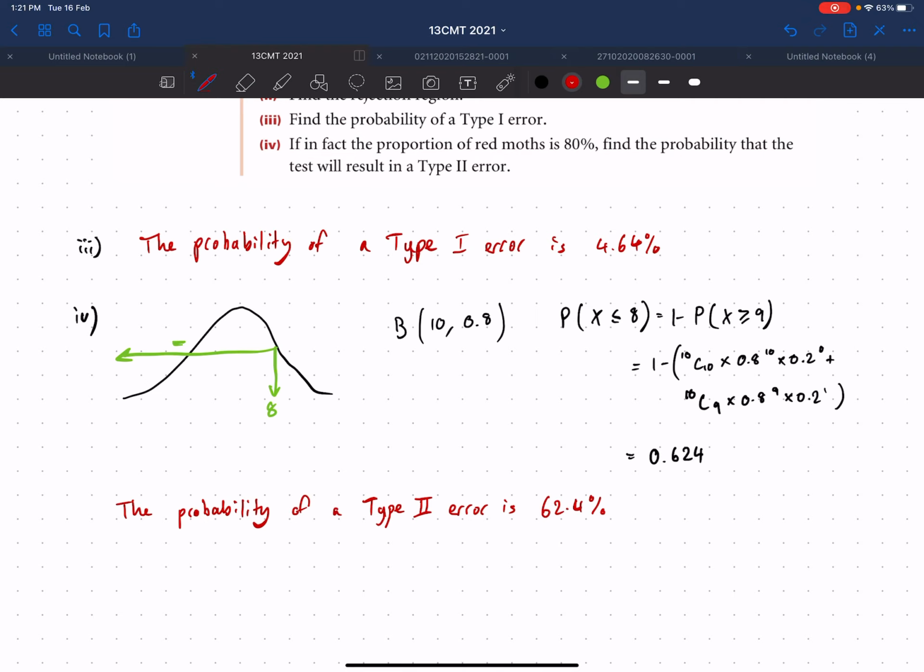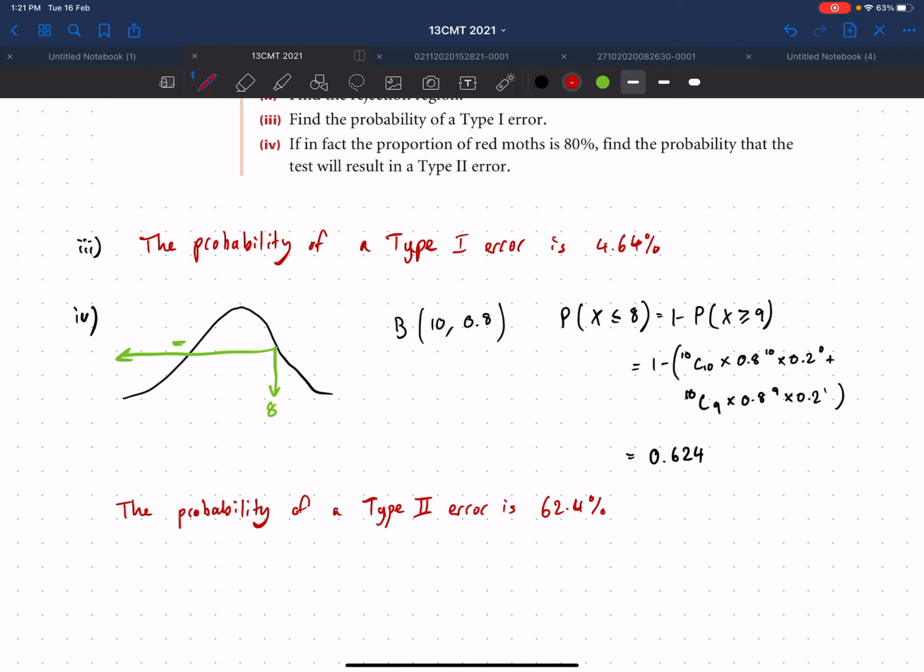We need to be really certain to reject a null hypothesis. There's got to be a lot of statistical evidence to reject a null hypothesis. So type 2 errors happen quite frequently because the probabilities have actually changed, but there's not enough evidence to accept that there has been a change. So they do tend to be quite high numbers.